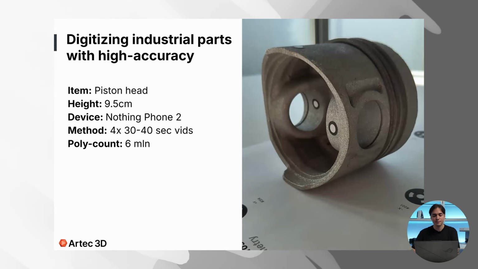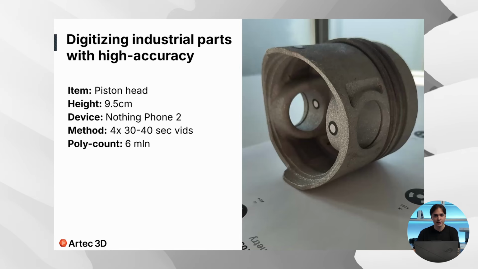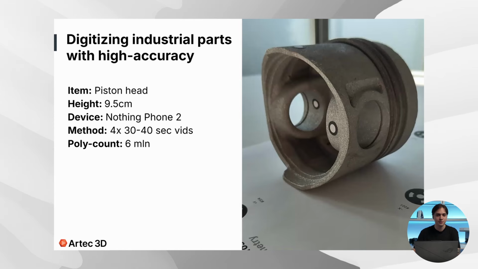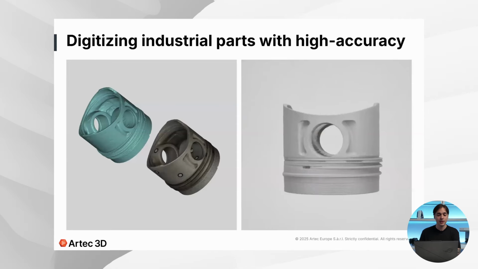Let me explain why I have taken 4 videos of it, because this object has pretty intricate geometry. It has deep pockets, it has those cylinders inside. A lot of geometry is hidden in different orientations, so I have taken 4 different videos in 4 different orientations to fully cover this object. And we have reconstructed it at 6 million polygons.